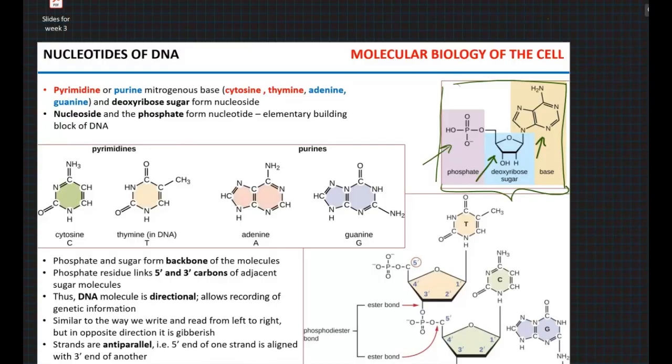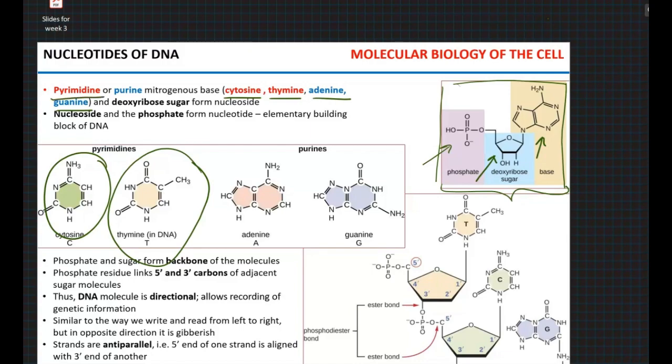DNA contains 4 different types of nitrogenous base: cytosine, thymine, adenine, and guanine. Cytosine and thymine belong to the group of bases known as pyrimidines, and you must know that.